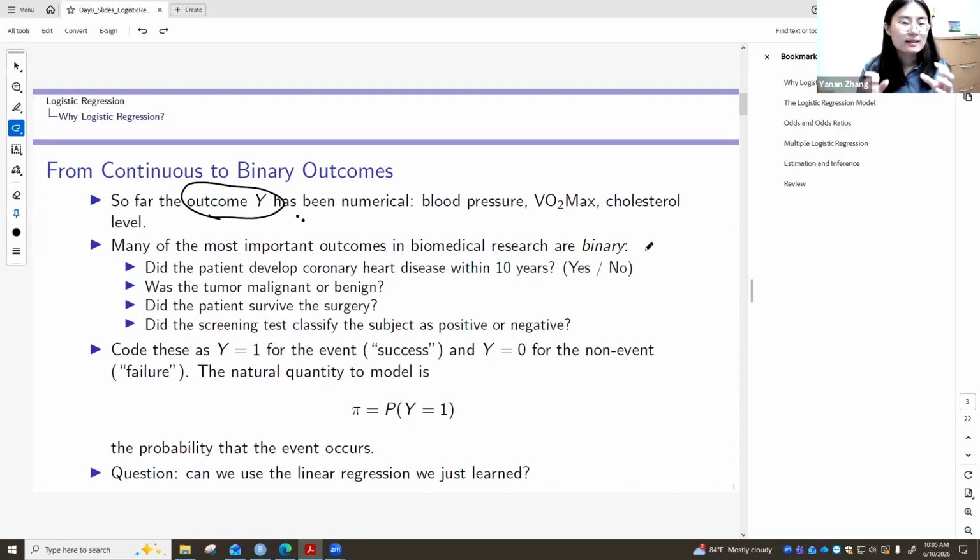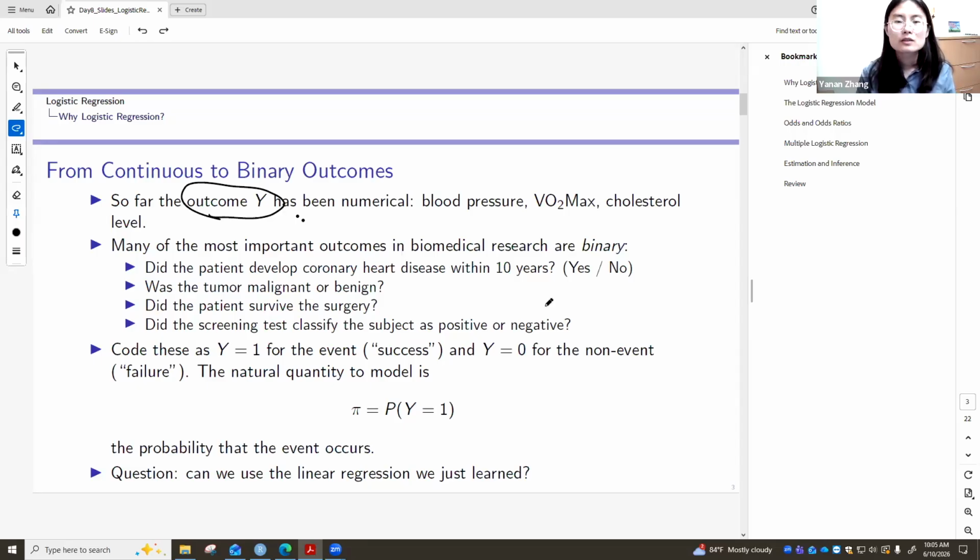Binary means it only includes two possible values: yes or no, malignant or benign. Or another example, did the patient survive the surgery? Yes, survived. No, didn't. Again, two possible values. Did the screening test classify the subject as positive or negative? Again, two possible values.